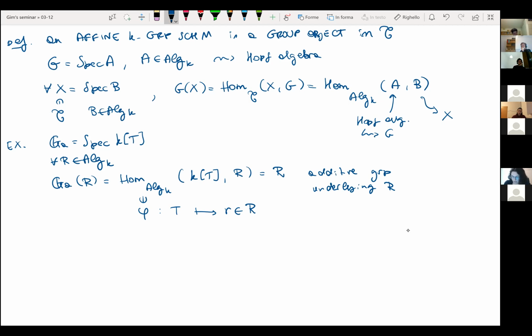In this case, this group functor, this group scheme G_a is said to be the additive group over our field K.